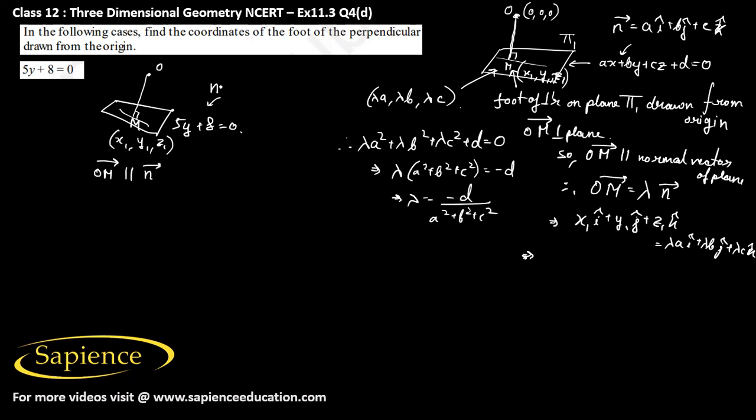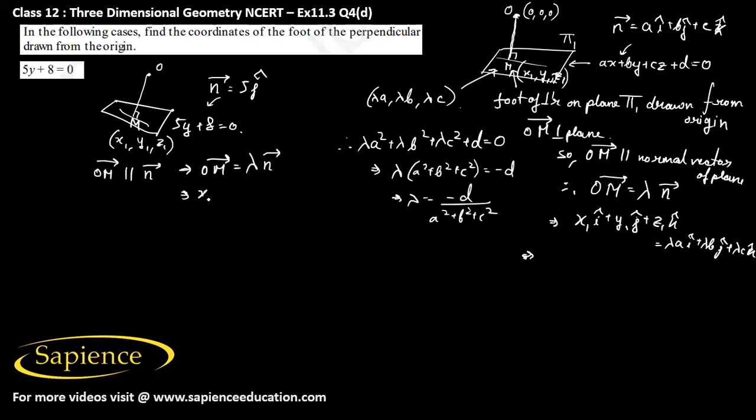The normal vector to this plane will be simply 0 i cap plus 5 j cap, so it is simply 5 j cap. So therefore OM vector is equal to some lambda times n vector.